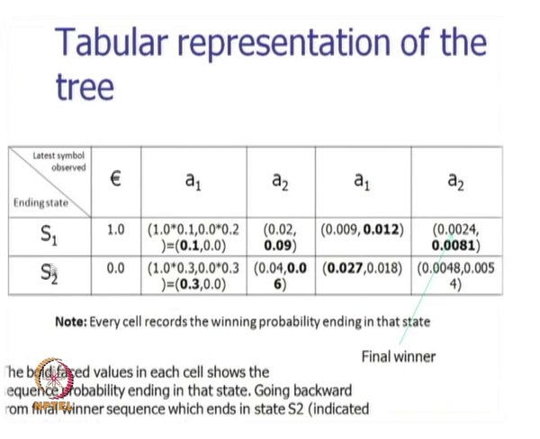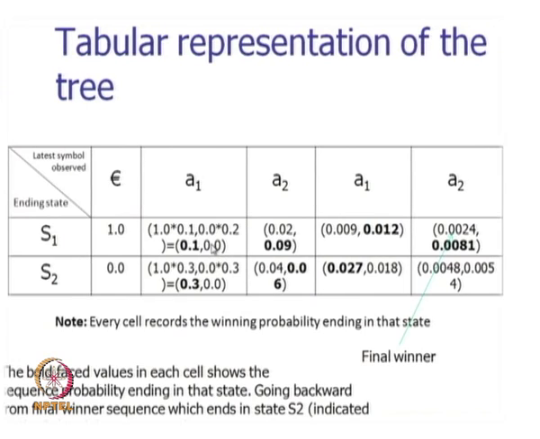Let us understand the next set of columns. Here the rows indicate the ending state, the sequences which end in that particular state. For example, this row is for all those sequences which end in state S1, this is for all those sequences which end in state S2. Now, when A1 comes as a symbol, then we have the transition probability of 0.1 and 0.2. We record at every cell a tuple.